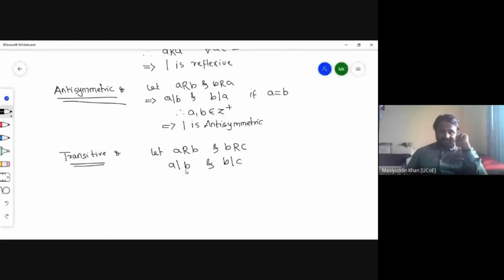If I take 4 and 2 here, so 2 is here by default, then by default I have to take C as 1. I cannot take a number bigger than 2, because if I take bigger than 2, then the condition you have written will not be accepted.